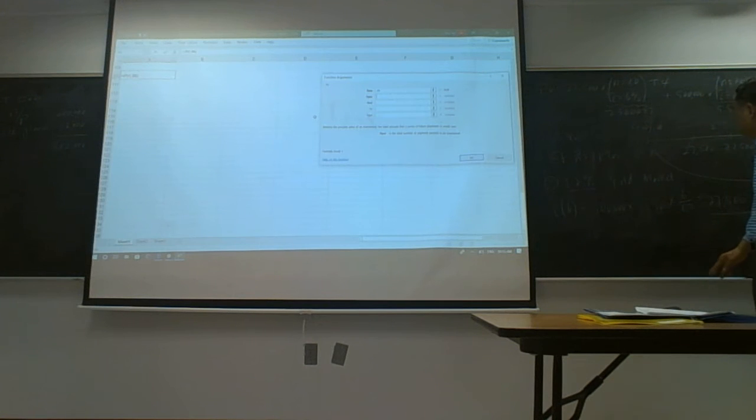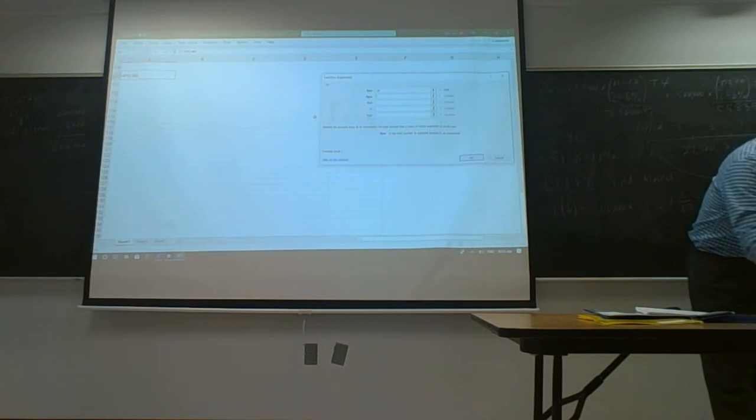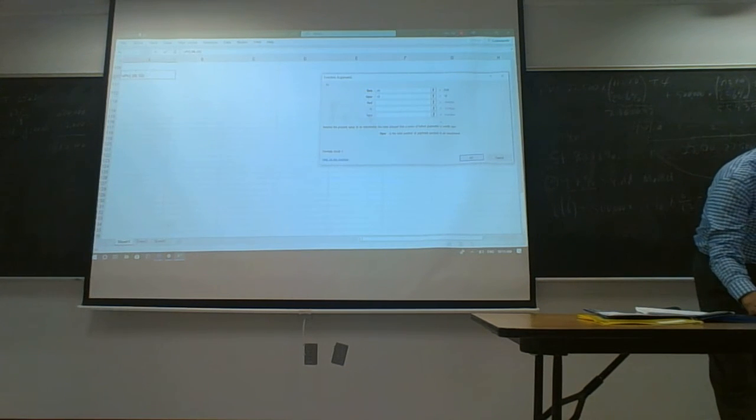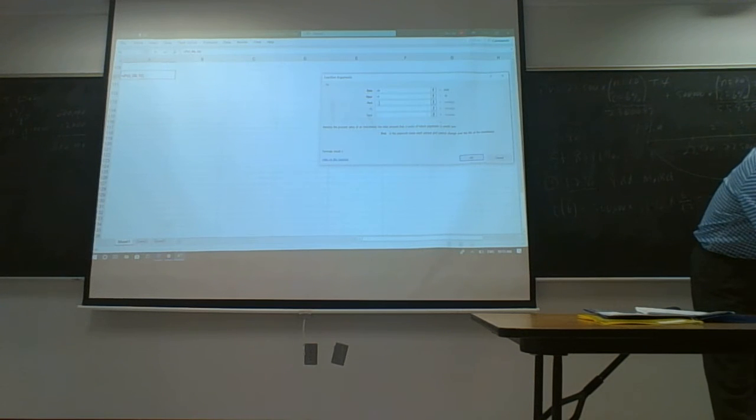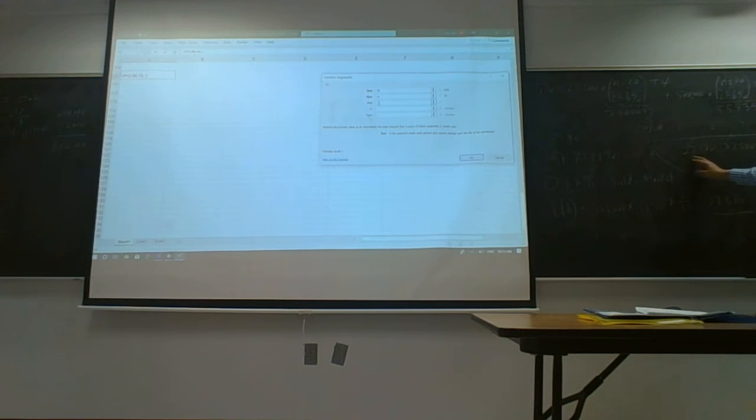NPER is the number of payments or periods, 10 payments or 10 periods. So N is 10, and the amount of payment is 27,500 as a negative.